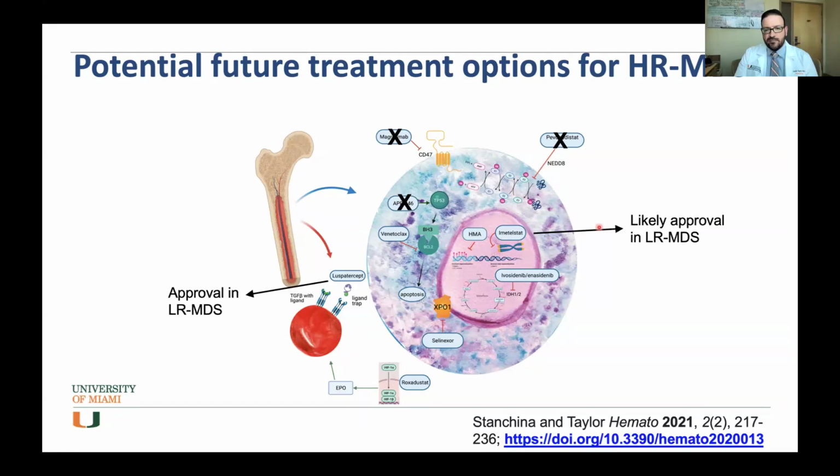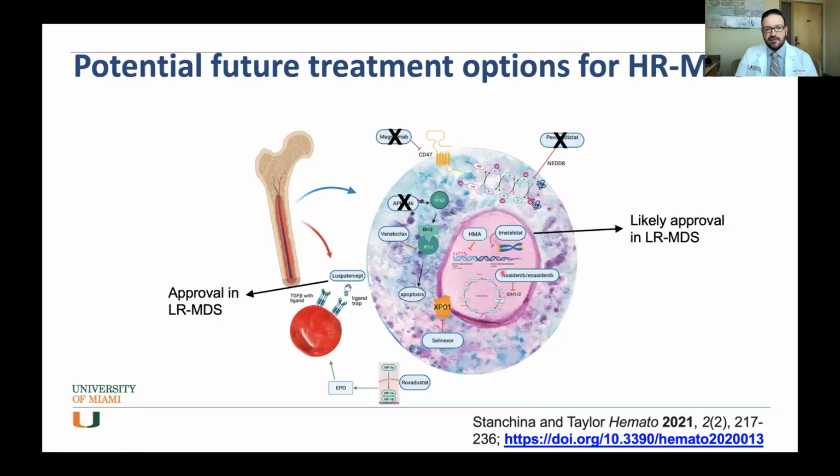But that should be coming. However, these studies were done in low-risk MDS. It remains to be seen whether that would translate into any improvement in high-risk MDS. So even though they're approved now, such as luspatercept, they're not used with the imetelstat. We'll have to wait and see if it gets approved.